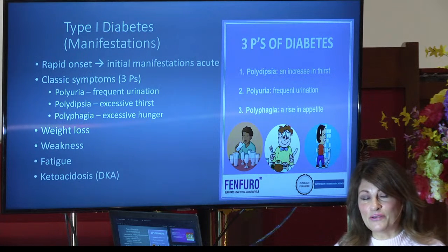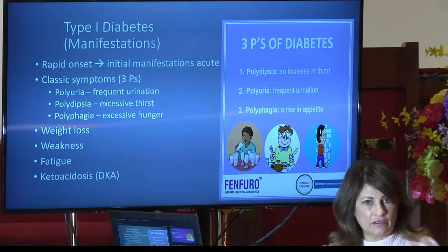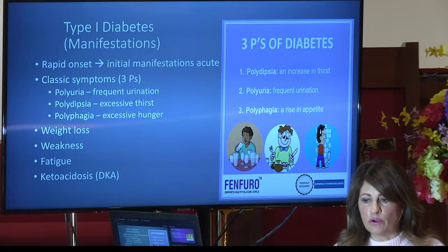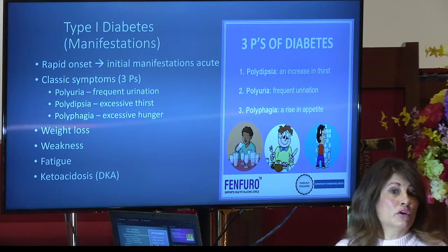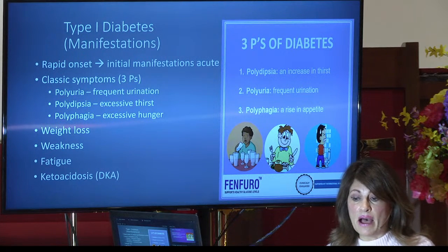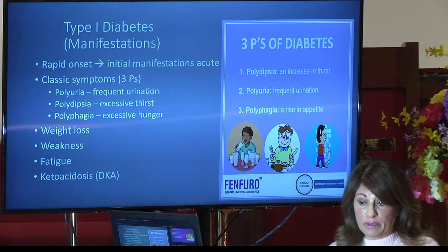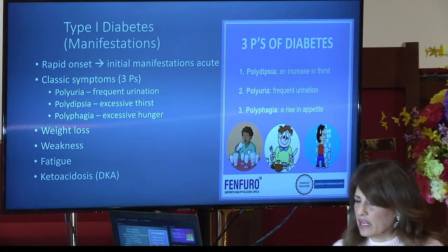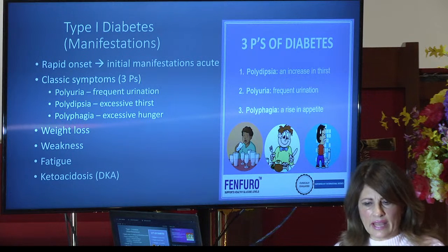Polydipsia, it's an increase in thirst. They're very thirsty. Notice the patient's very thirsty, or your sister, whoever you're worried about. Frequent urination, the second P, polyuria. And the third P, polyphagia, a rise in appetite. Really want to eat, very hungry. These are classic symptoms.